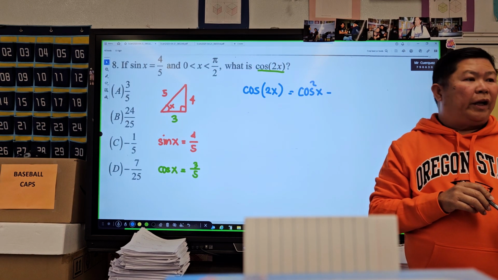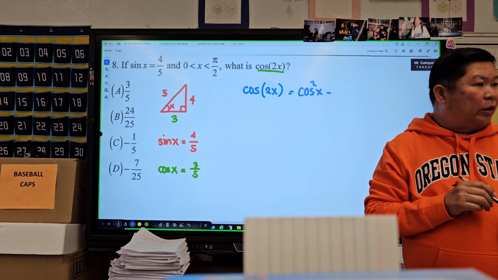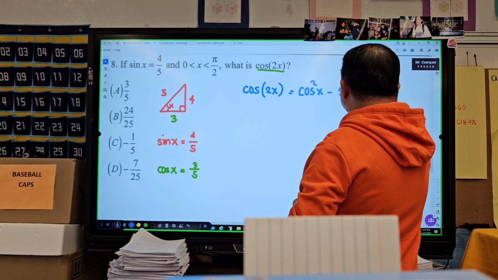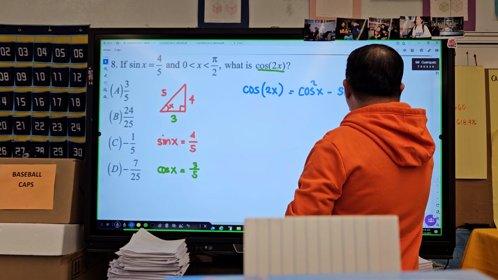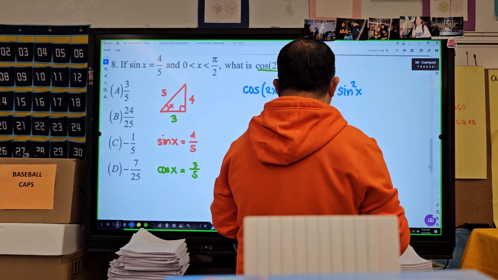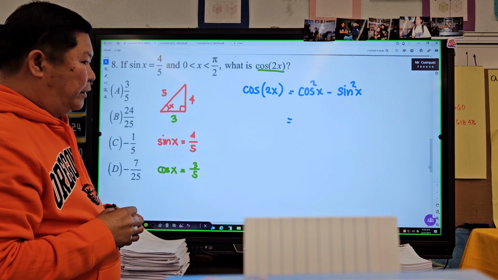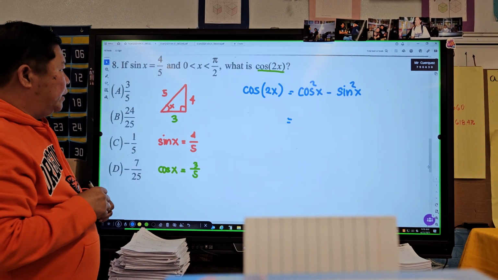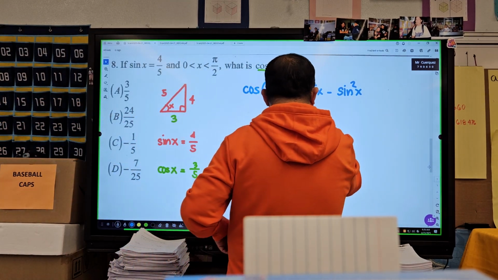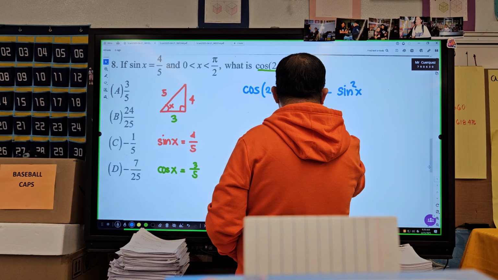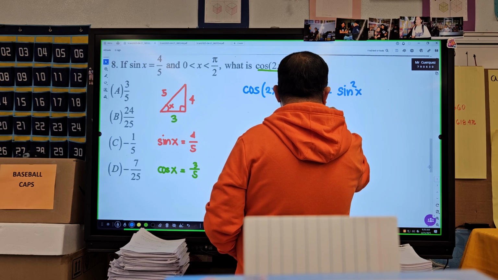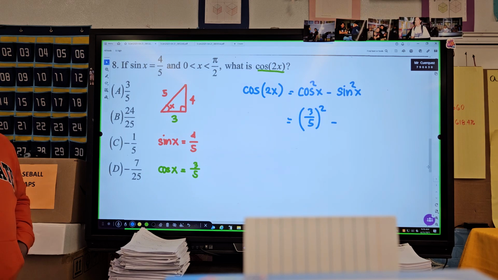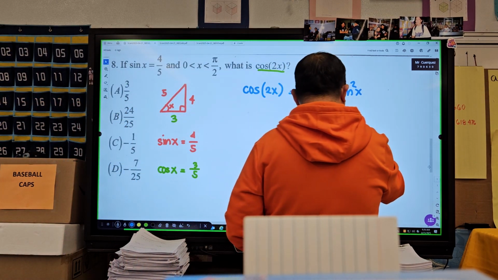Remember, we have the double angle formula. Can you still recall it? So which means, what is cosine equivalent to? 3 over 5, right? So we say cosine is 3 over 5 squared minus, what is sine? 4 over 5, squared.